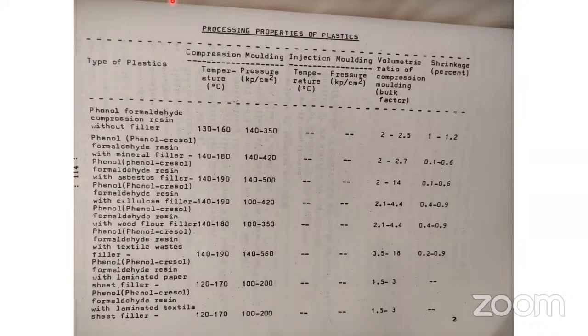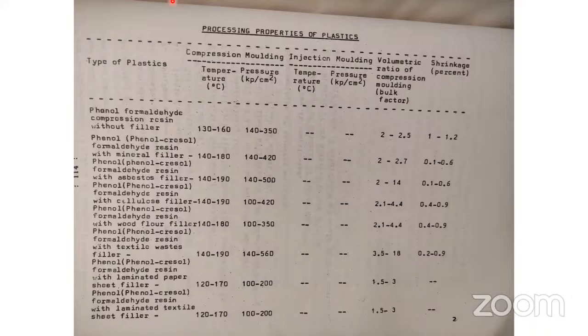But when you create the article using the mold, the length, instead of 5.5, gets reduced. It becomes 5.3. That is called shrinkage, a change in dimension. Therefore, friend, the shrinkage will be reduced by adding the filler in the compound.